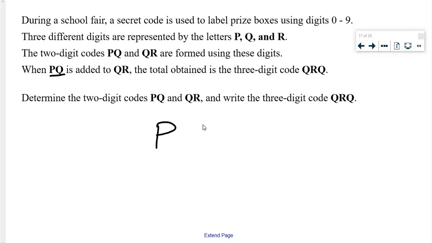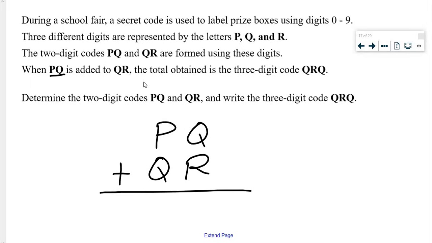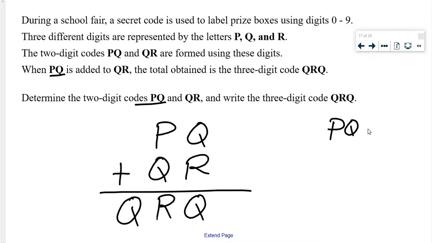When PQ is added to QR, the total obtained is the 3-digit code, which is QRQ. Now the question is, determine the 2-digit codes. What is PQ equal to? What is QR equal to? And what is QRQ equal to?